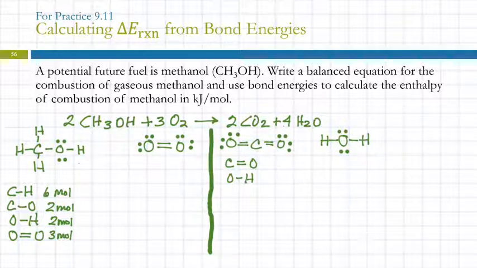So let's think about the CO2. I'm going to write this out because just talking about it doesn't seem to be working very well. So how many of those double bonds are in 1 molecule of CO2? 2, right?